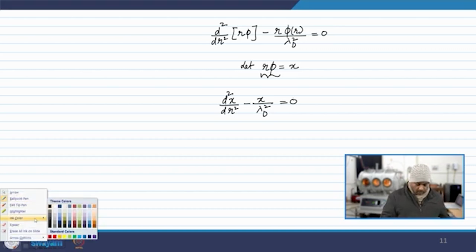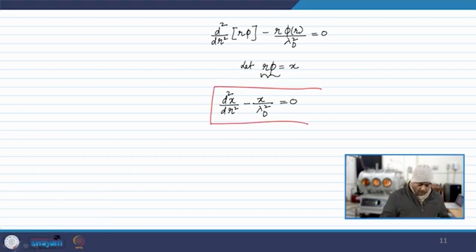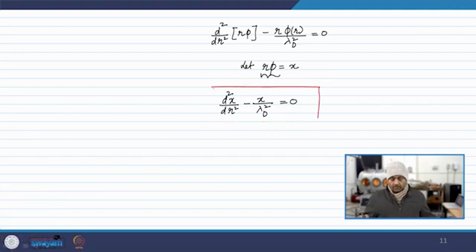Okay. So, this equation is okay for you to accept, right. It is not something very complicated. We followed all the first principles of differentiation and arrived at this second order differential equation. Fine. Now, we have to solve it.